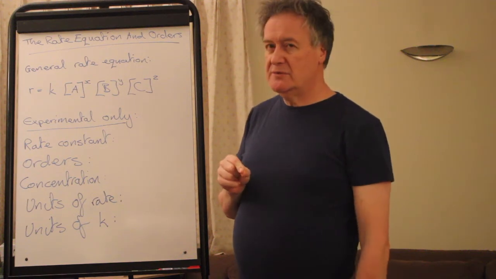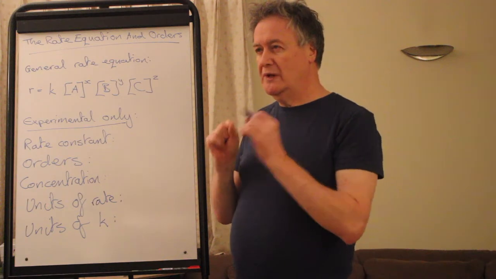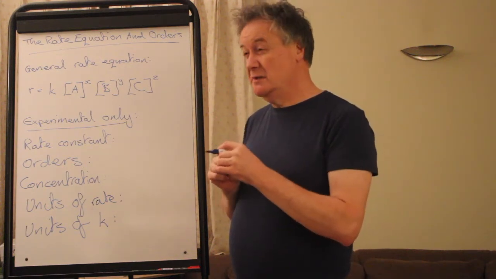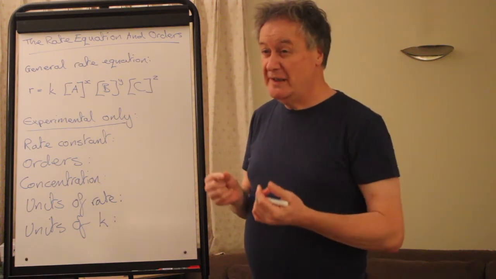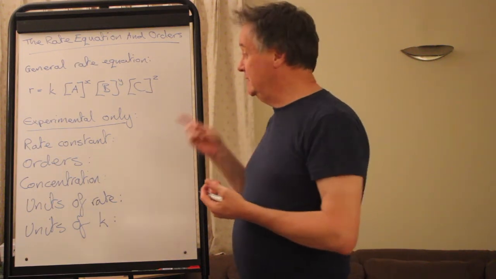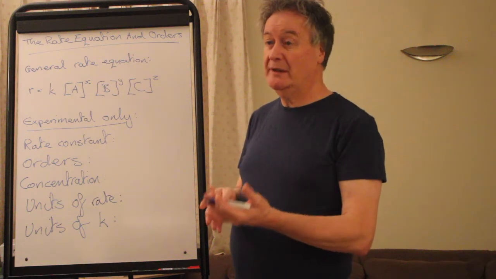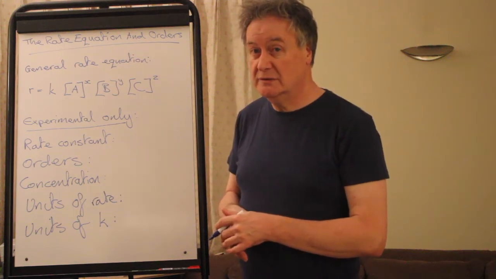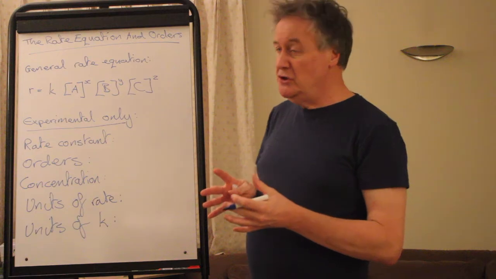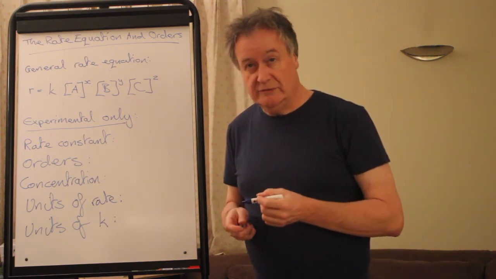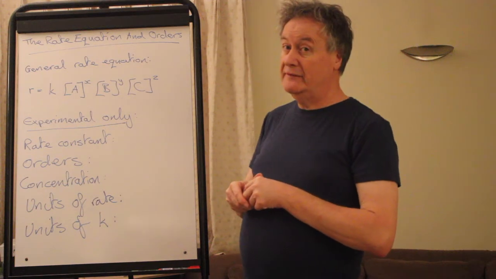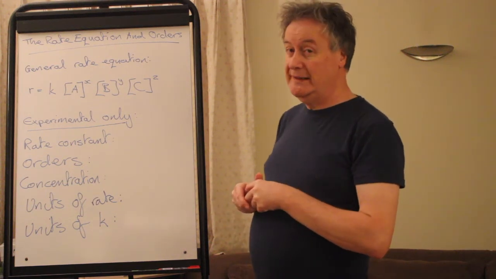Now there is a little exception to that when you look at organic reactions, particularly substitution reactions, because they're all the same. But it's only based on the fact that somebody had done the experiment before and you look at your chemical and go, oh, it's a similar sort of chemical. But when you meet a new reaction to you and somebody says to you, let's work out what the rate equation is, it's going to have to be an experiment in order to determine it.